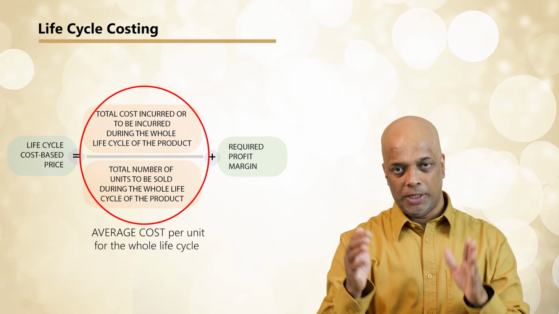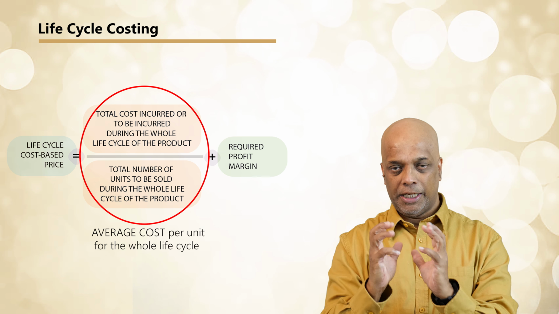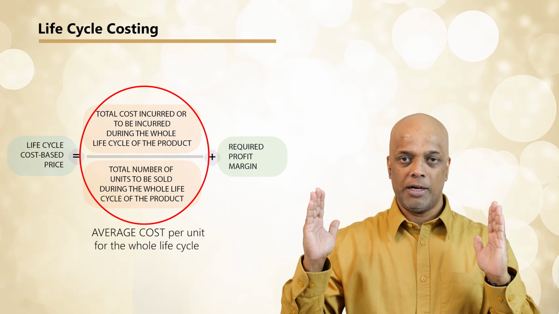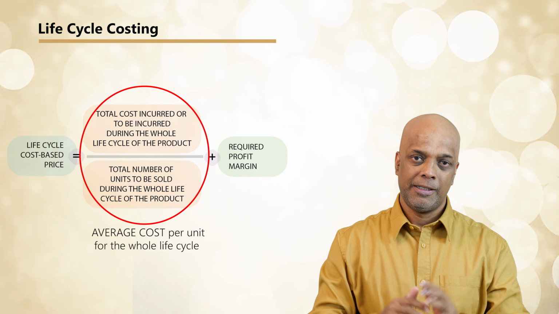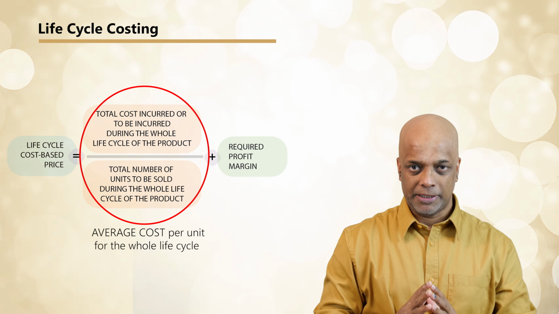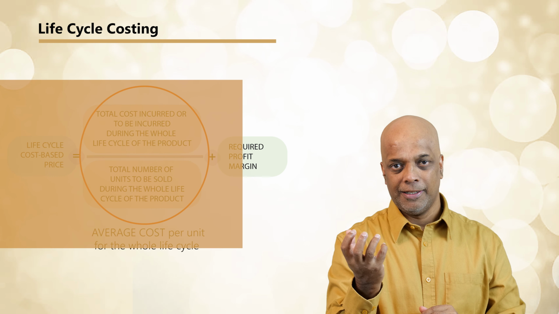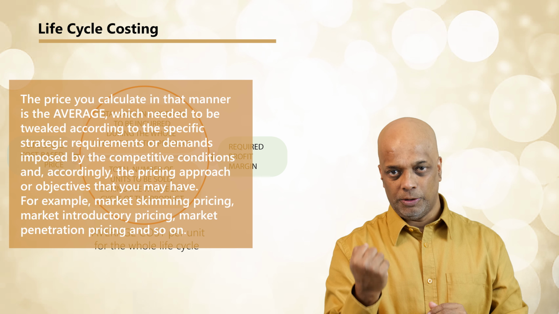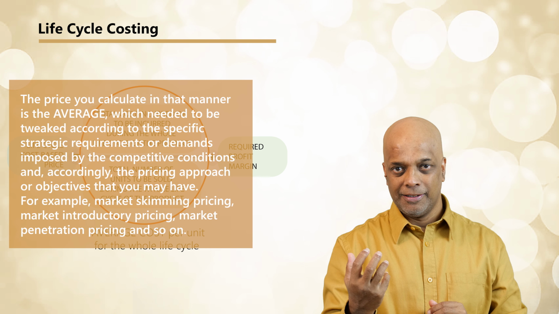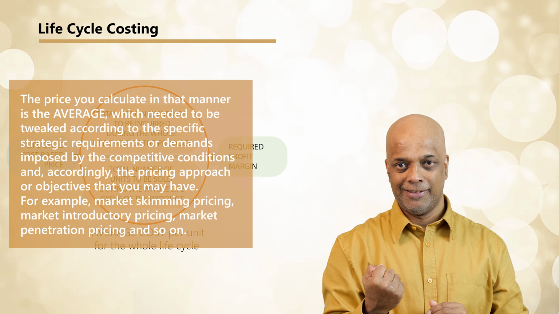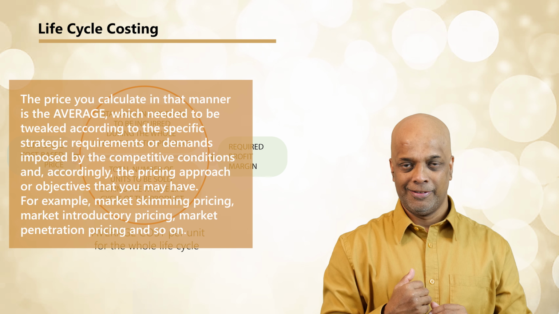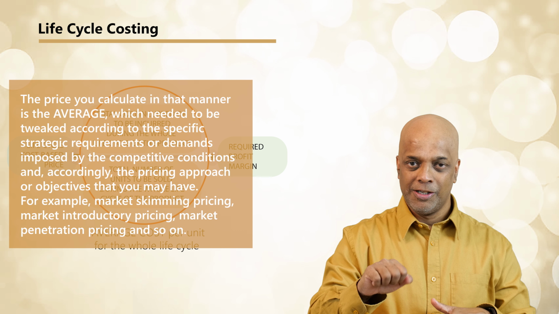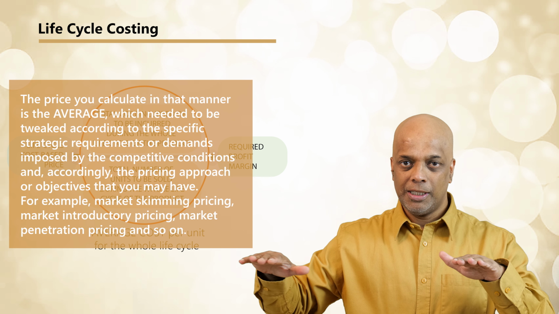And you finally calculate the average cost and average price for the product per unit for the whole lifespan. It should be emphasized that this price and this average cost you calculated is an average figure, a mean value. That doesn't mean that you have to charge this price for this particular product throughout the whole lifespan.